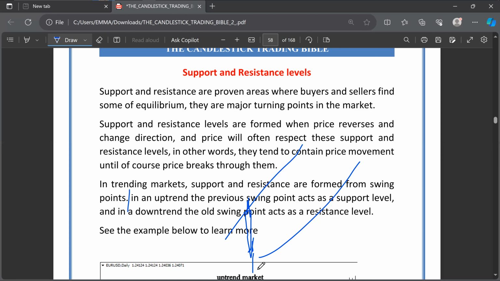And in a downtrend, the old swing points act as resistance, right? So the swing points, whether the low or the high, act in both cases, right? So for the support level, they are acting as what? The swing low, and then at the top line, the resistance, called what? The swing high, right? So this is a trend line actually.